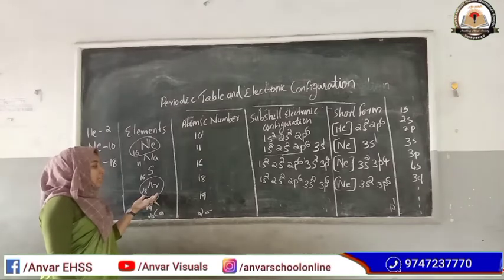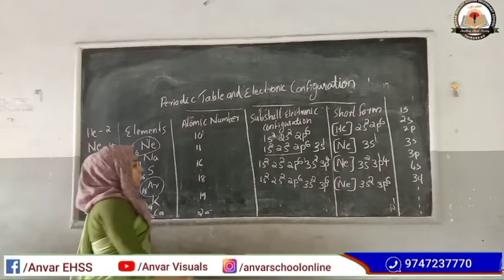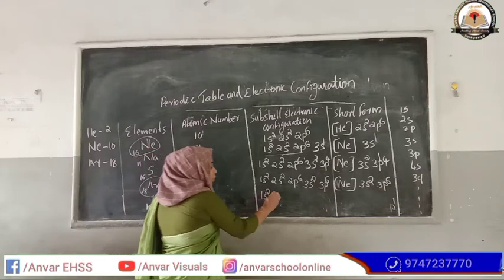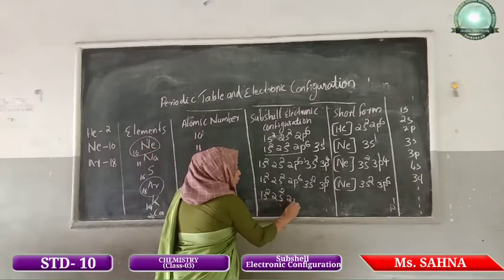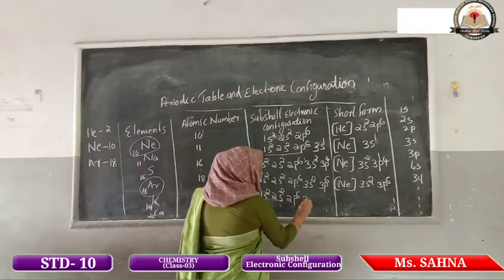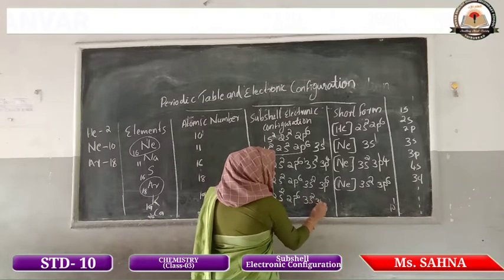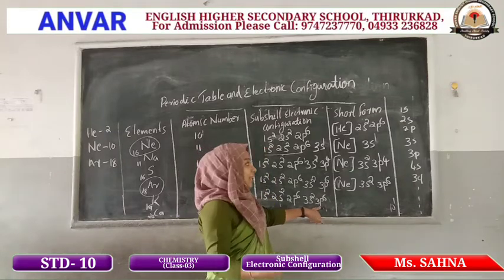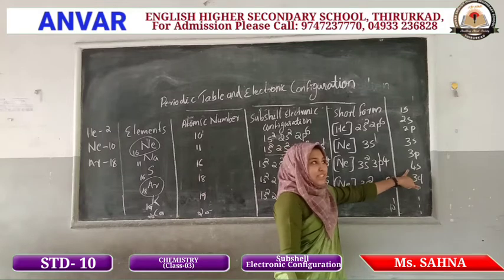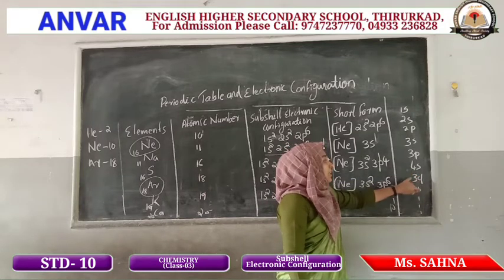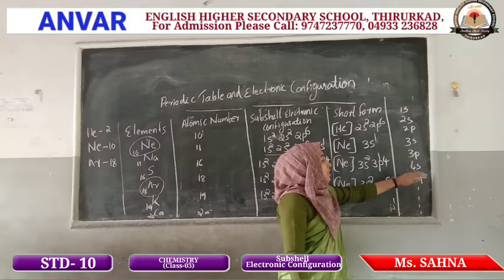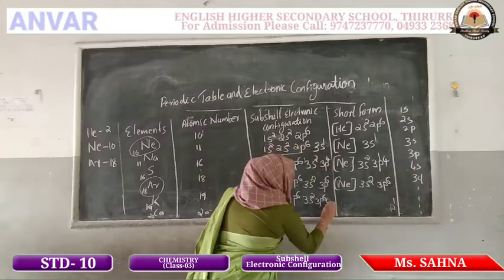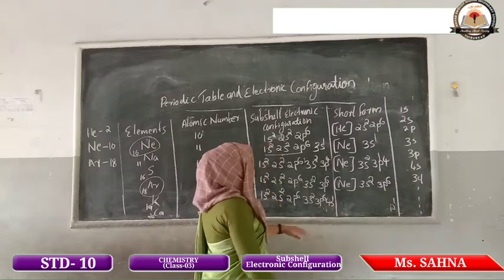For example, potassium's subshell electronic configuration is 1s2, 2s2, 2p6, 3s2, 3p6. After 3p, the electron enters 4s, not 3d, because the energy level of 4s is less than that of 3d. So 4s1.